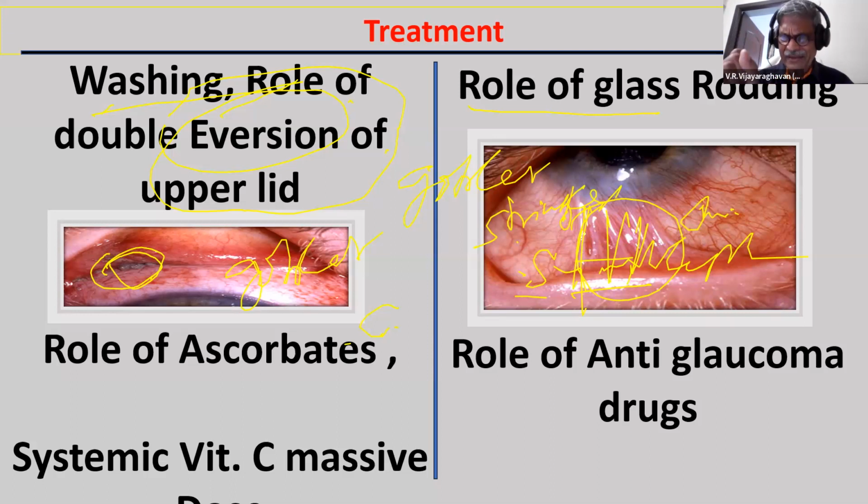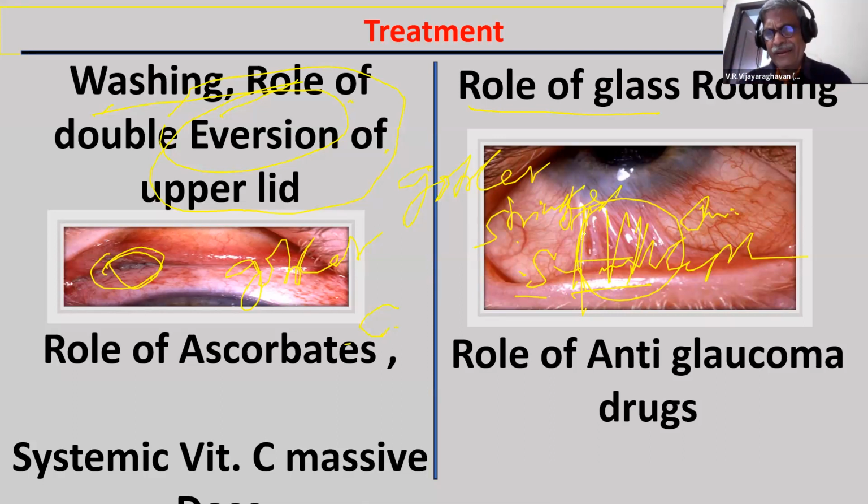The collagen fibers shrink. When they shrink in the angle of the anterior chamber, naturally the aqueous humor cannot go out, resulting in raised intraocular pressure. That means it's going to end up in glaucoma also.